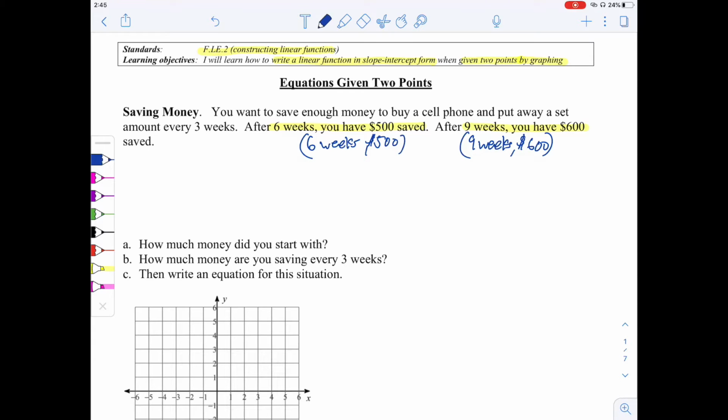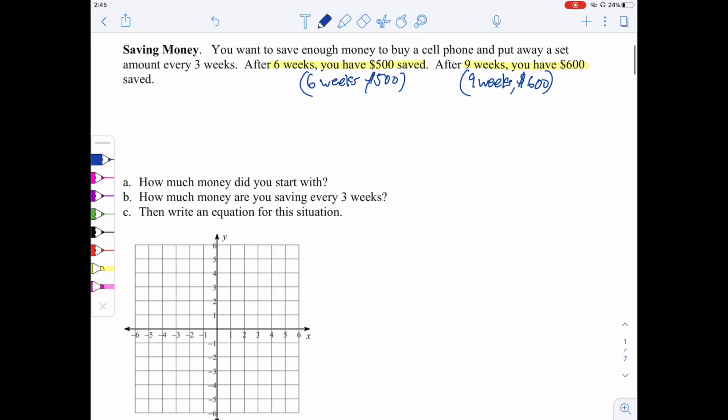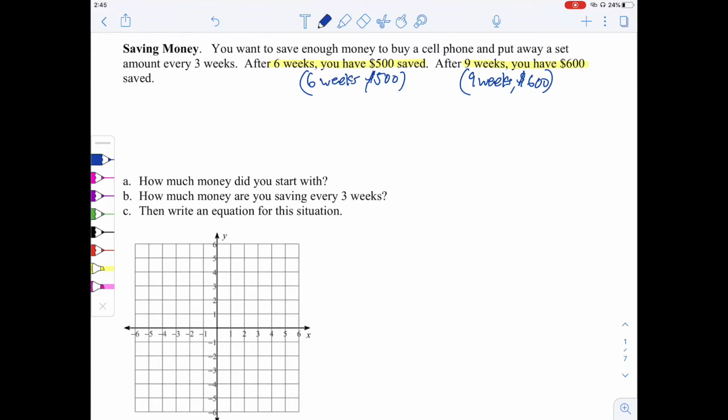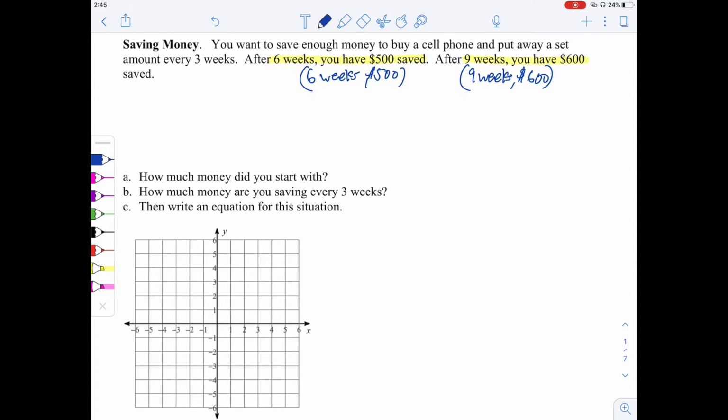So we look at how much money we started with. Let's use a graph to figure this out. So 6 weeks, $500. Let's extend our graph here. So we have 7, 8, 9. Just extend it.